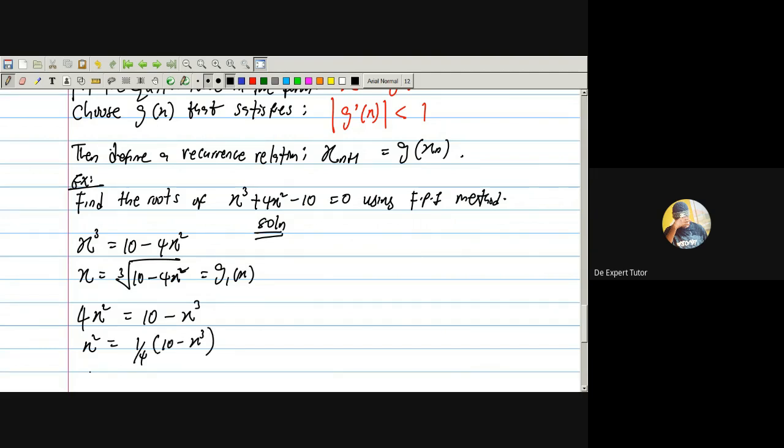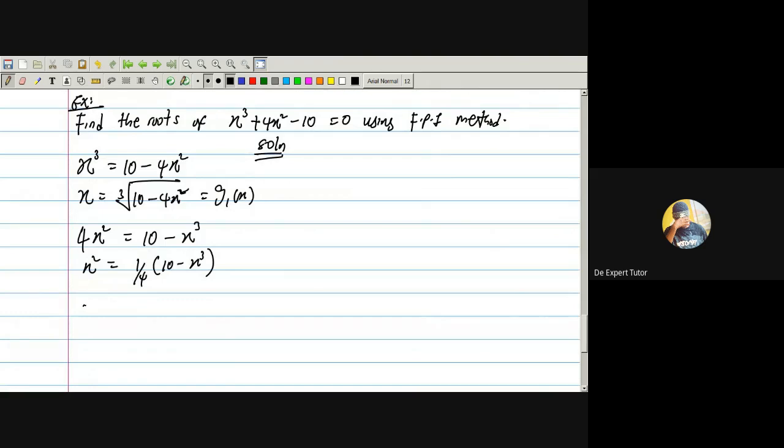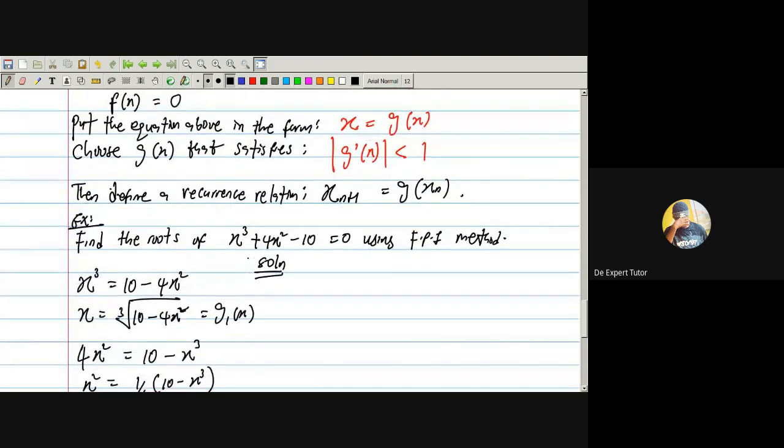Therefore, x equal to the square root of 1 over 4 is 1 over 2, then 1 over 2 square root of 10 minus s cubed. That is another way. Let me call this one g2 of x. Remember, I told you that we can get up to 3 or 4, depending on how the equation looks.